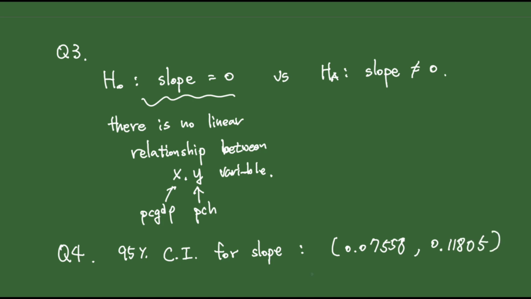So this was the CI for the slope, and the confidence level was 95%.